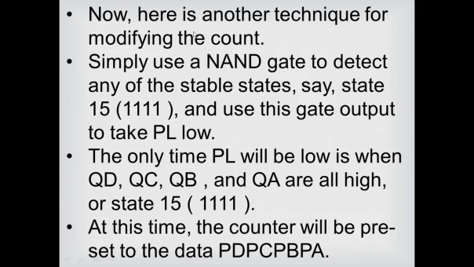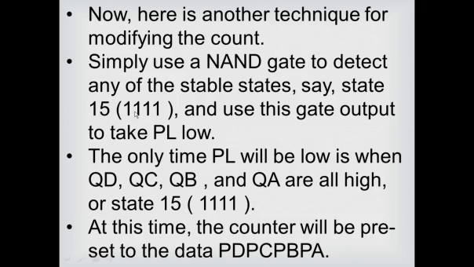Now, here is another technique for modifying this counter. We can modify this counter to any modulus by using a NAND gate. Simply use a NAND gate to detect any of the states, say state 15.